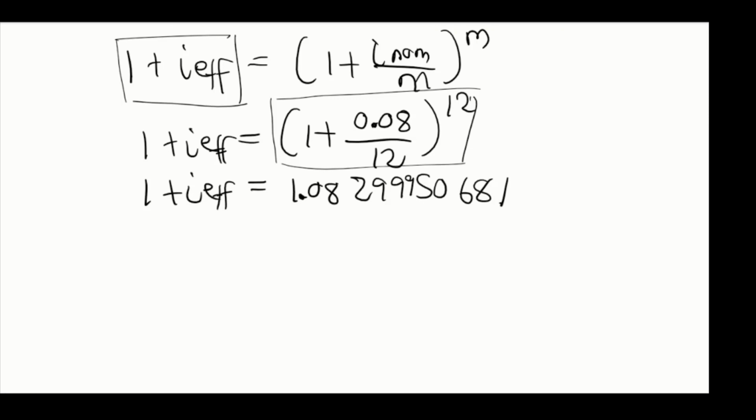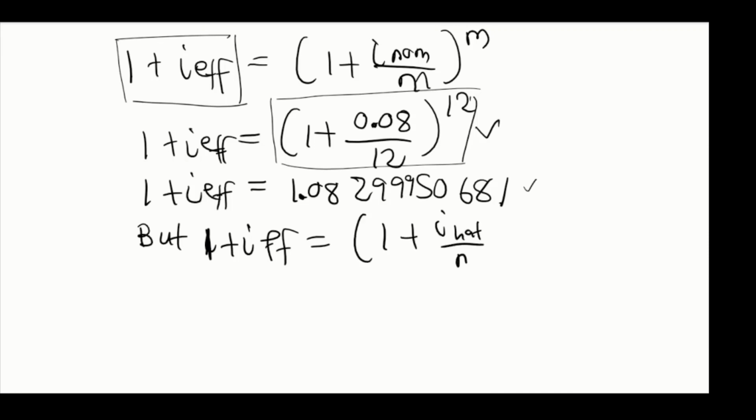So we're going to say, okay, fine, this portion here is equal to this. To find the half yearly, 1 plus i effective is equal to 1 plus i half over m, to the power m.